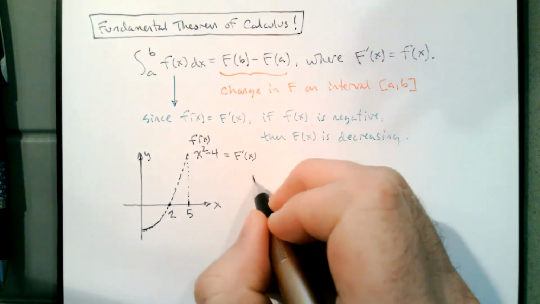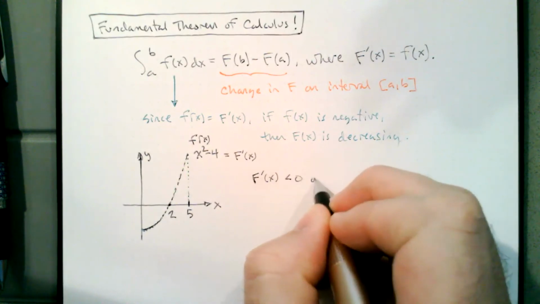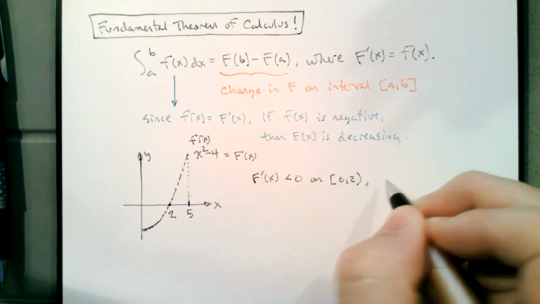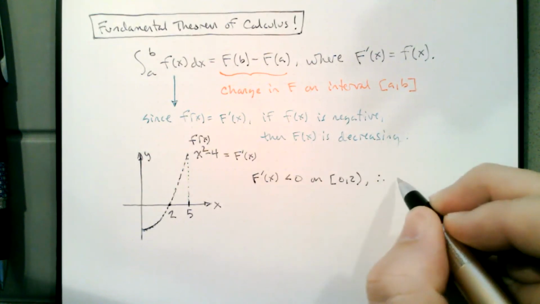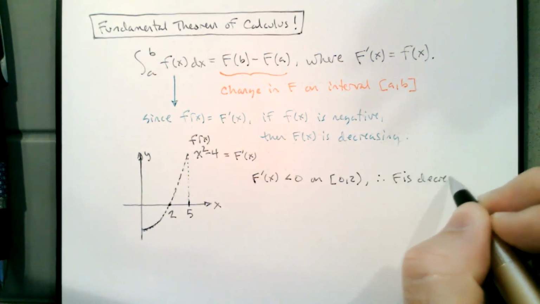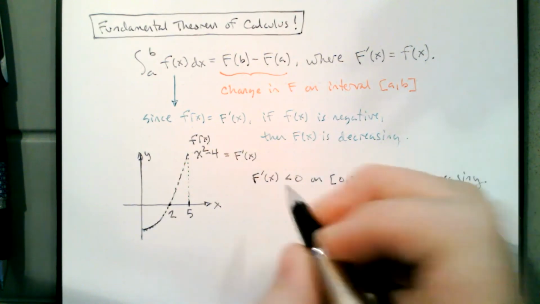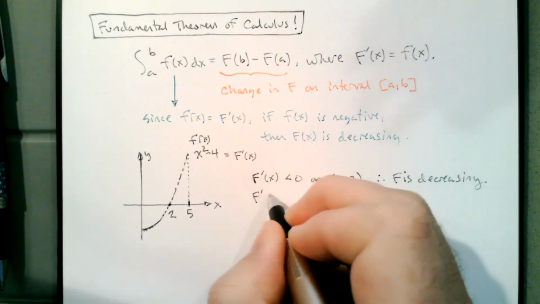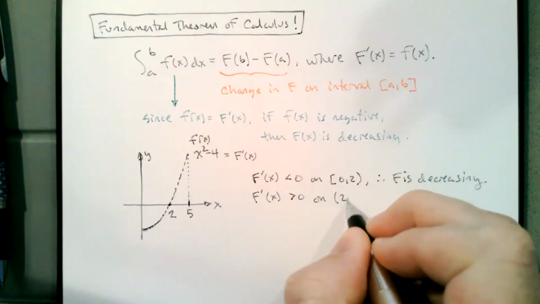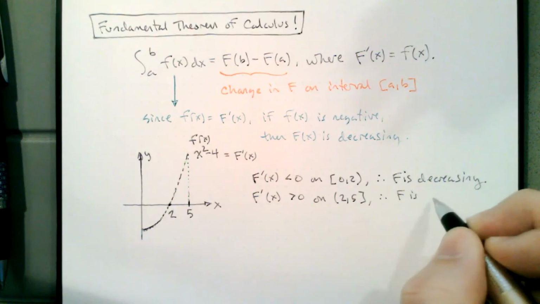So big F prime is negative on the interval from 0 to 2. Therefore, big F is decreasing. And then the derivative, big F prime, is positive on the interval from 2 to 5. So capital F is increasing.